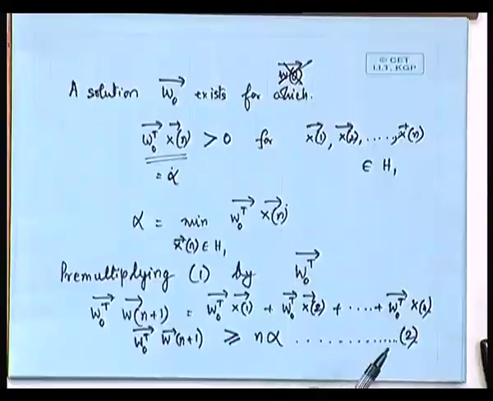Any Wn plus 1 will be the summation of xi from 0 to n. I am not considering the case x0 because x0 is trivial. My patterns are n patterns, and I am starting with x1. So, W0 transpose Wn plus 1 has a bound greater than or equal to n alpha.